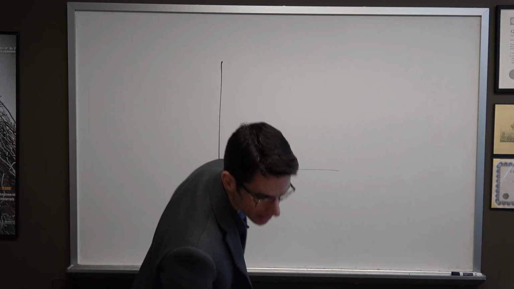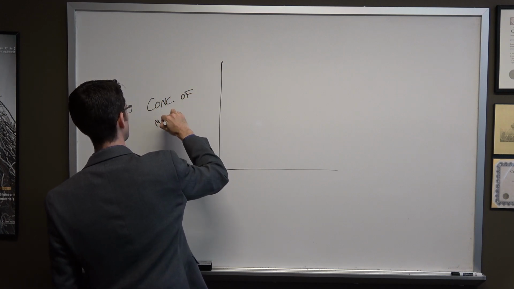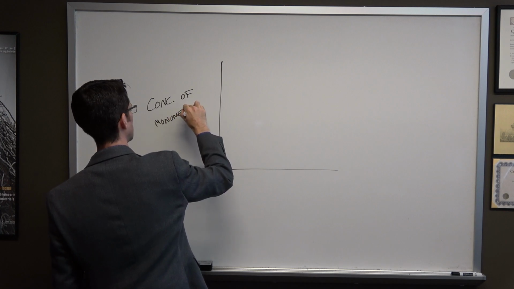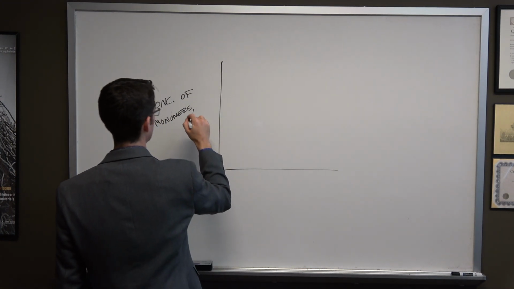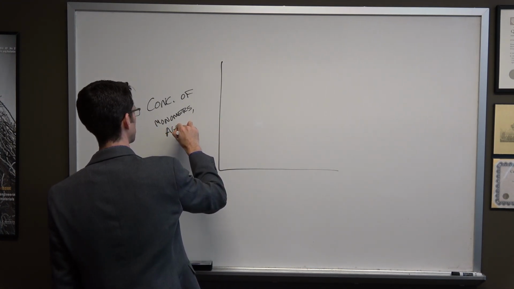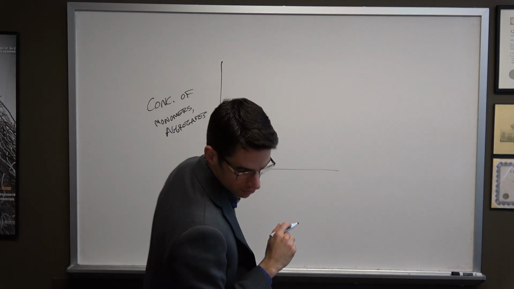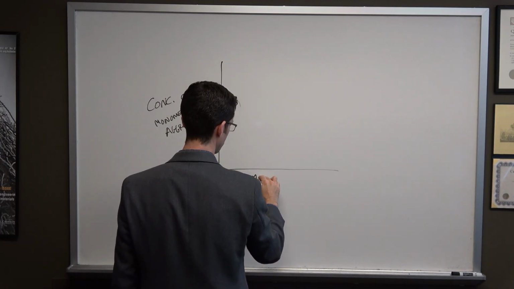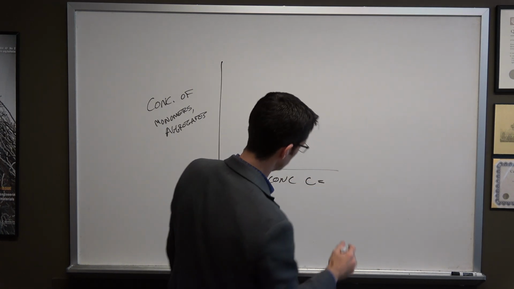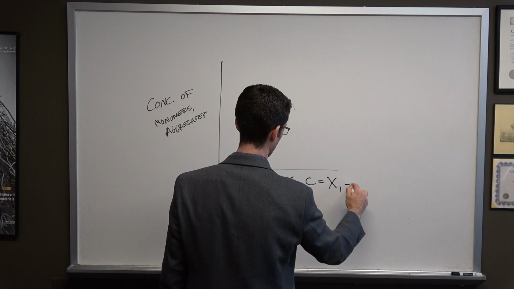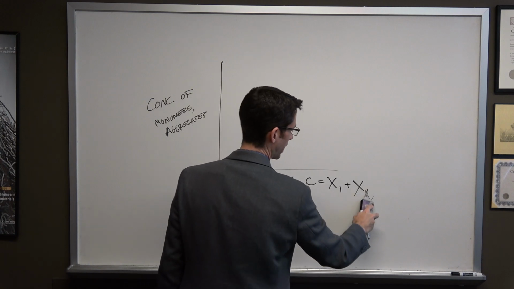And we have the concentration of monomers and aggregates versus the total concentration, which is the concentration of monomers plus the concentration of monomers involved in aggregates, with aggregate number n.